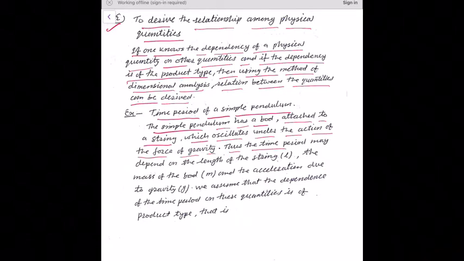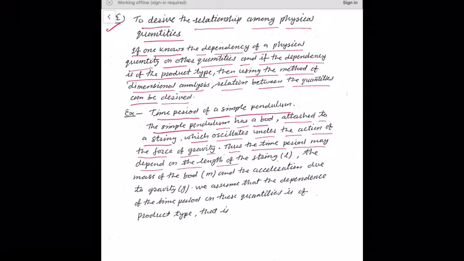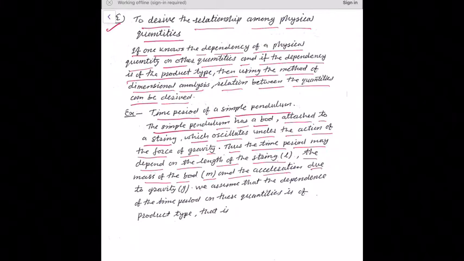Thus, the time period may depend on the length of the string l, the mass of the bob m, and the acceleration due to gravity g.